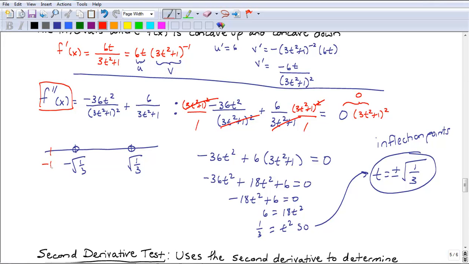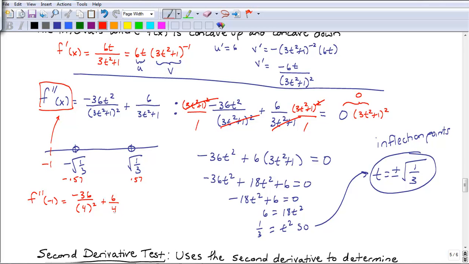That's 0.57. Just to give you an idea of if it's legal to plug it in. So I plug negative 1 in there. When I plug negative 1 into the second derivative, because I'm testing concavity, I got negative 36 over 4 squared plus 6 over 4.